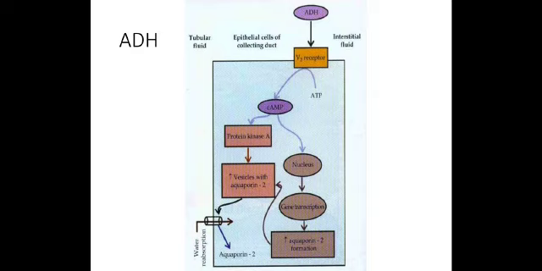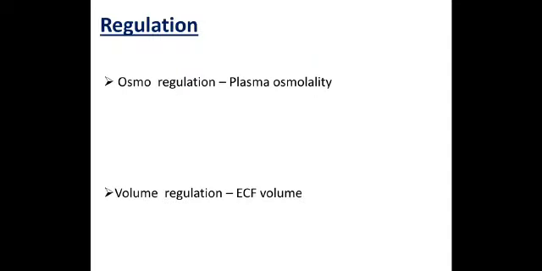This is mainly in the principal cells of the distal convoluted tubule. It's a gene mediated, genomic pathway where there is gene transcription and increased aquaporin 2 formation. So it is regulated mainly by the osmolarity and the changes in extracellular fluid volume.